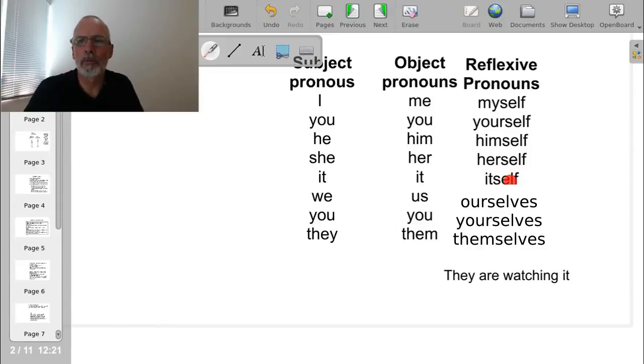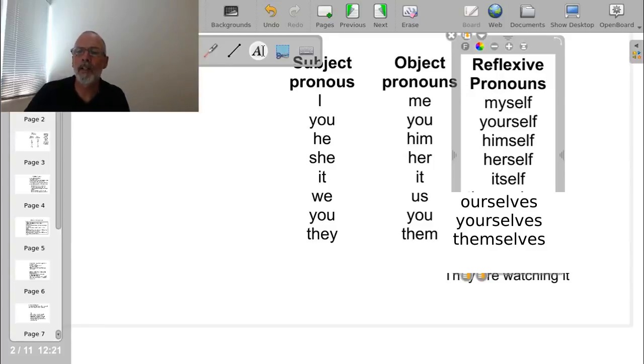sometimes also for an animal. But if it's a dog or a cat, like a personal pet, normally we would use one of these ones. And first person plural, second person plural, third person plural.